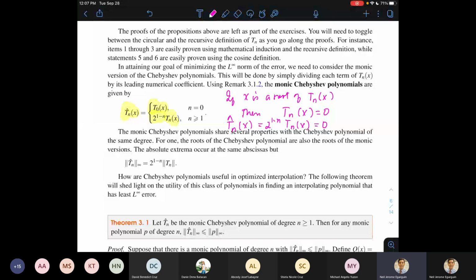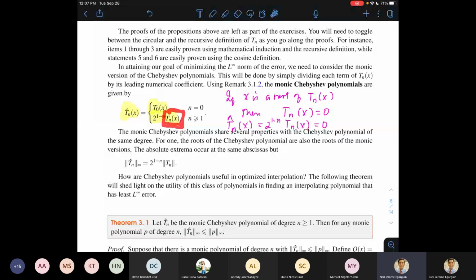What will change as well? Magbabago lang yung minimum or maximum value. Because remember, the maximum and the minimum value of t sub n are +1 and -1 respectively. Pero yung monic Chebyshev polynomial, yung maximum at minimum value niya, mamumultiply lang ng constant na 2 to the 1 minus n.